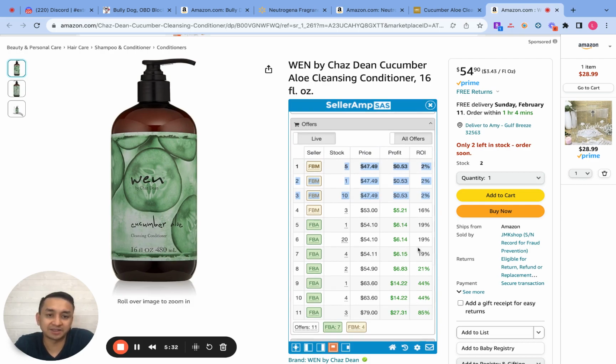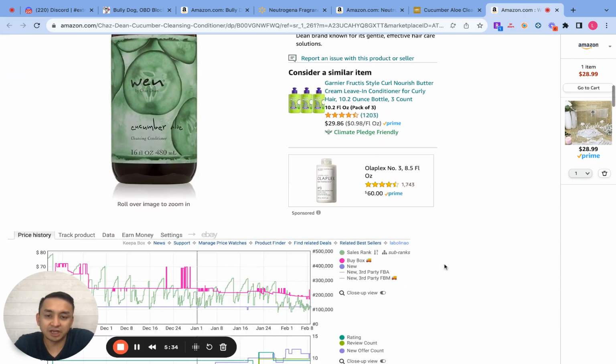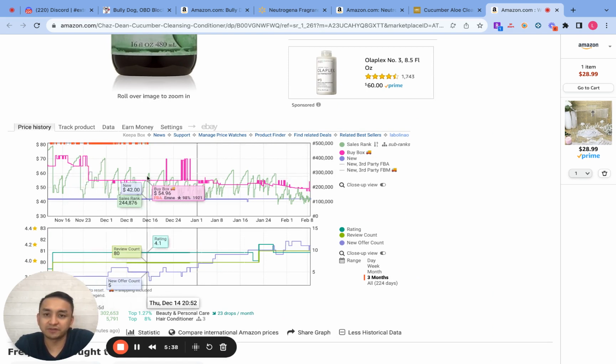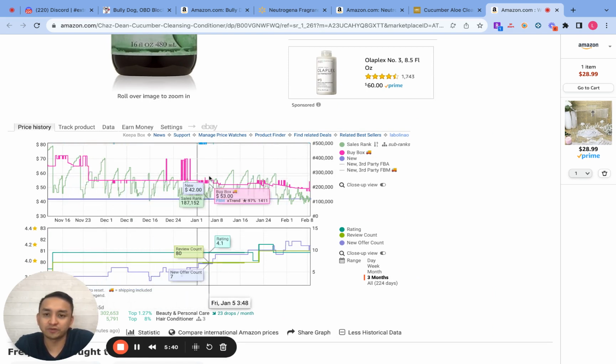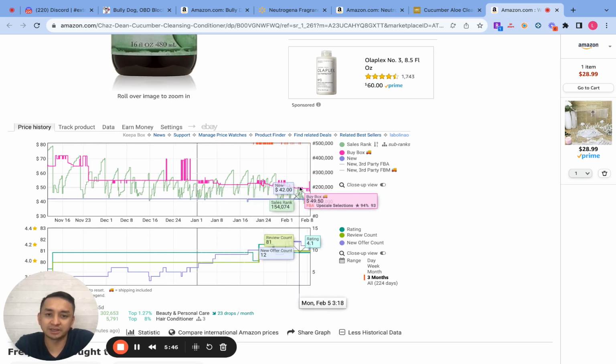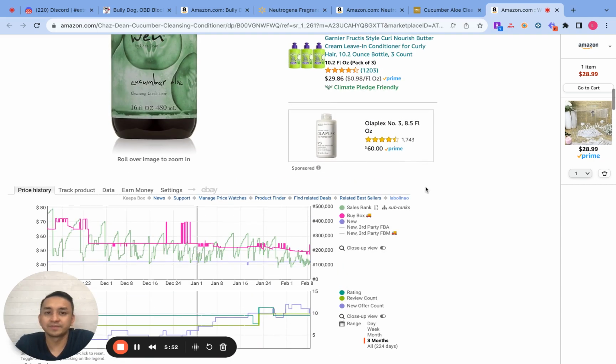I think it's decent. So I would look at the Keepa chart. This one is selling at 54, 54, 51. So price is trending down. Now it's at $49, and the seller count is going up.